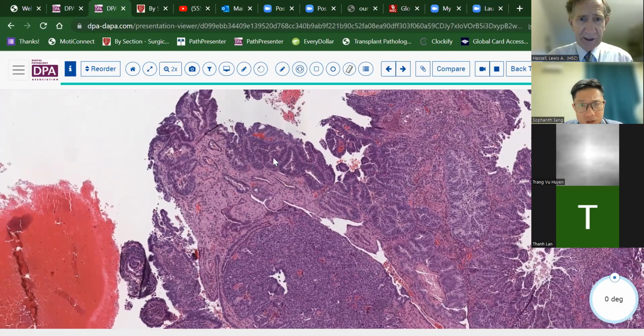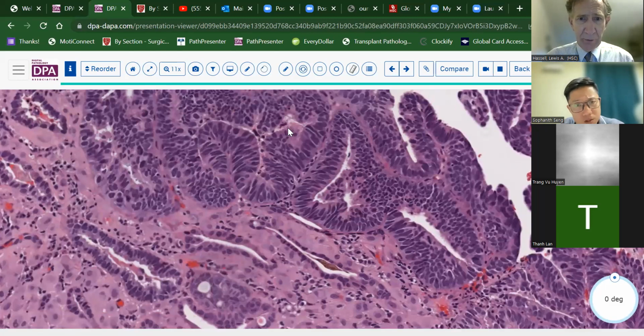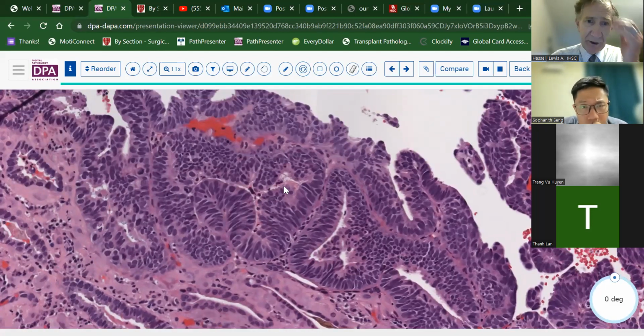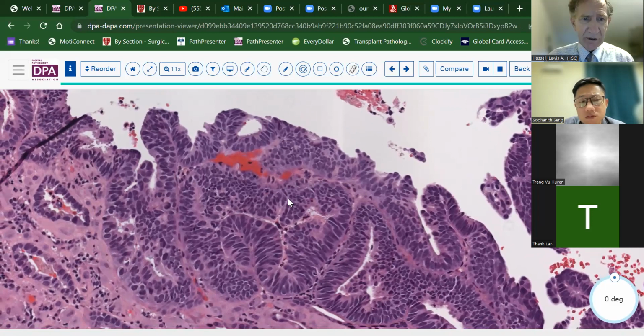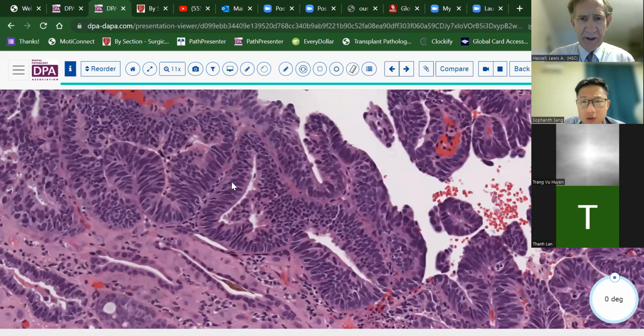And so glands like these right here, this could be a high-grade endometrioid lesion, or it could possibly be a serous carcinoma. It doesn't have the characteristic micropapillary or slit-like spaces that we sometimes associate with serous, except right in this area here. So there's a little bit of papillarity and some slit-like spaces there. But these tall columnar cells could easily be endometrioid type tissue.